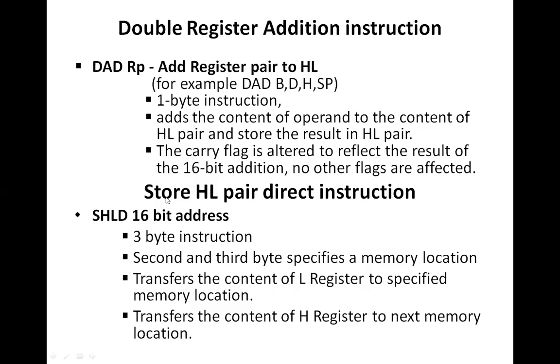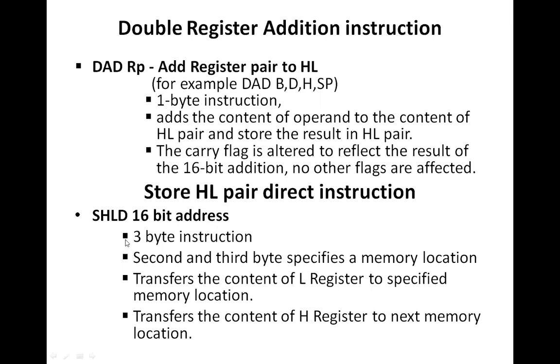The mnemonic code for this is SHLD, and the format is SHLD 16-bit address, which stores the content of the HL pair to memory. Since the HL pair is a 16-bit register, it contains two 8-bit numbers, in the L register and the H register, and these will be stored in memory. Any memory location can store only 8-bit numbers, so to store the content of the HL pair we need two memory locations.